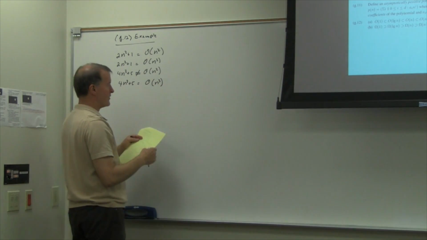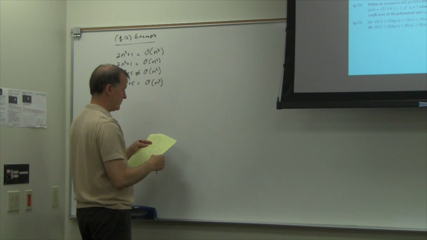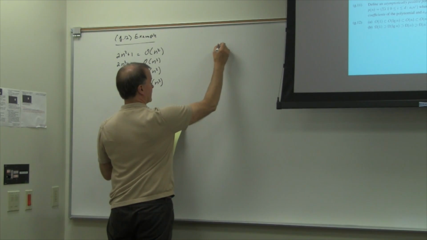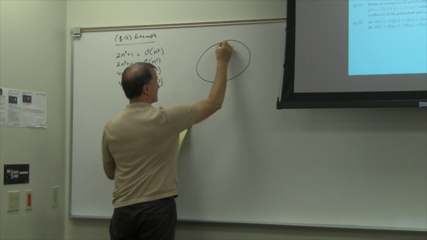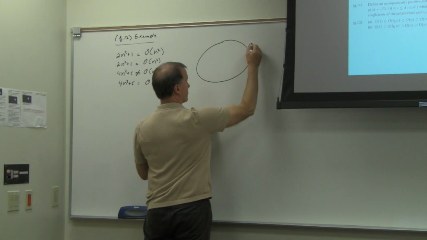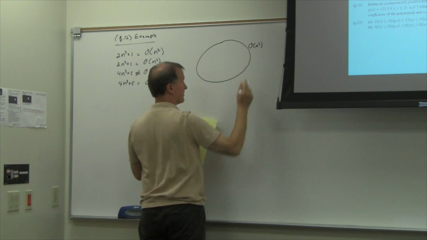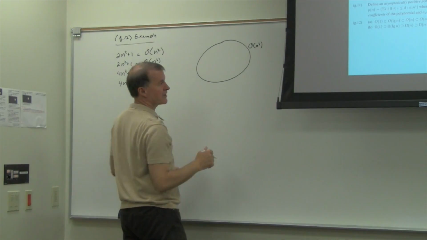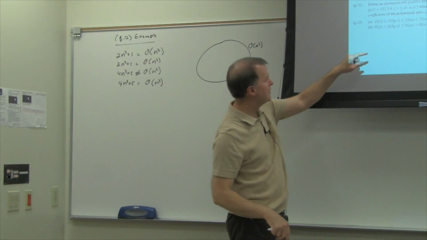Okay, so if we take a look at this on a Venn diagram, here's the set of all the ones that are in big O of n cubed. And what is this saying? Let's go back up to G12.